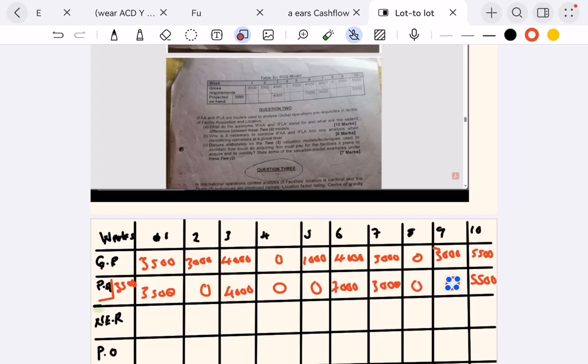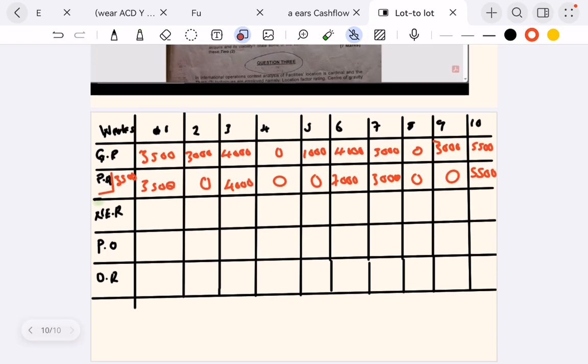So on the net requirement, here there will be 0, because what we needed is what we are projecting, so we'll have nothing on the net requirement.